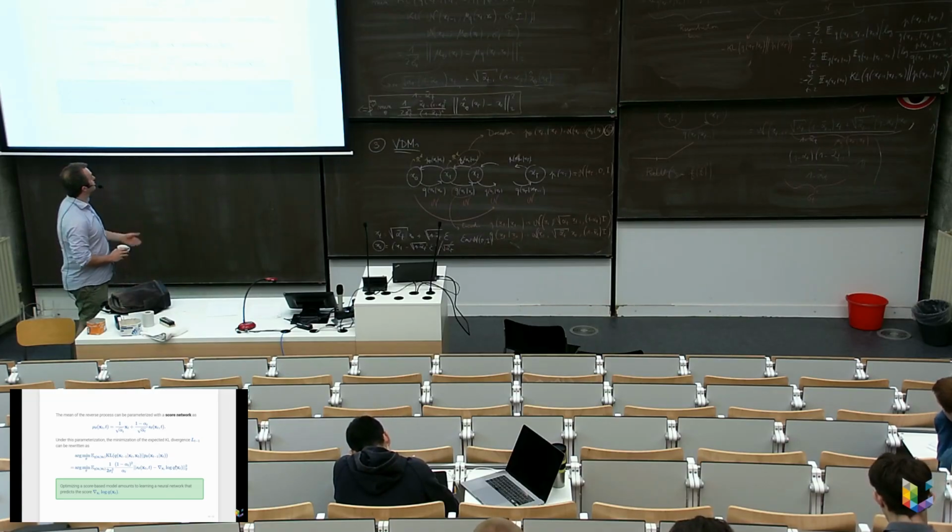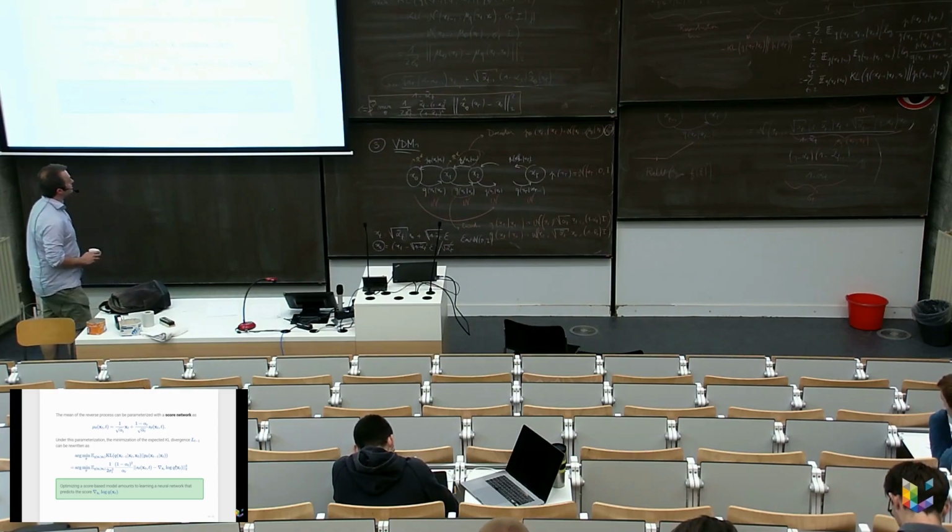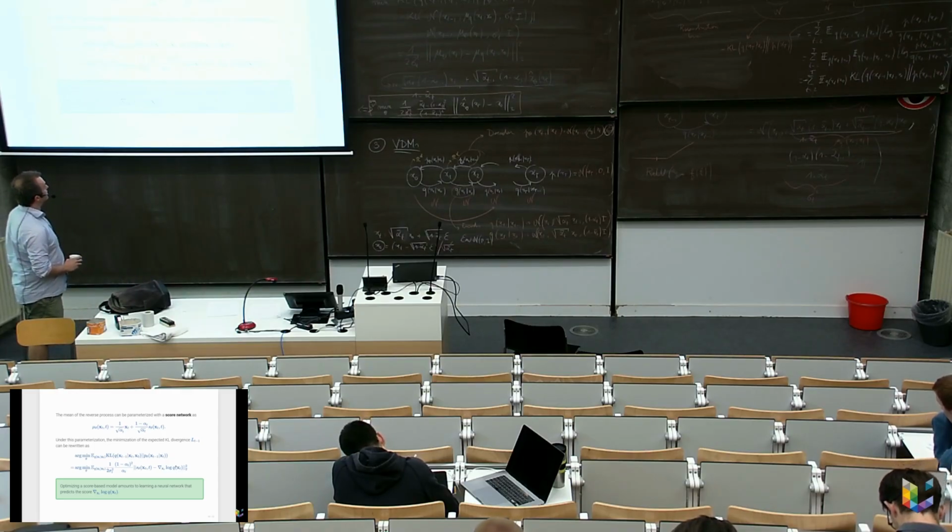Okay, so it should predict the direction that would increase the likelihood of the data xt if you were to follow that direction. Okay, this is what the score is pointing to. And so if you do that, then again everything is more or less the same as before.